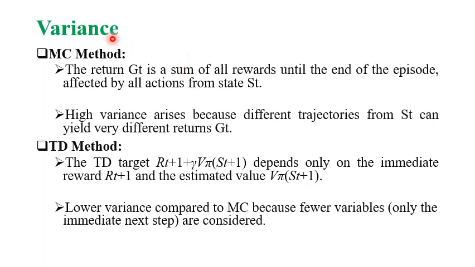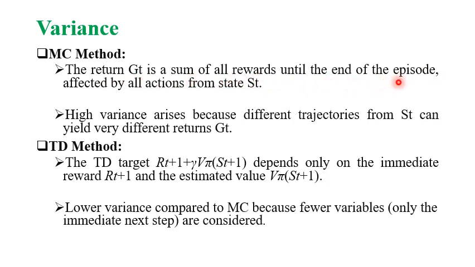Variance. Let me share with you what variance is. Variance means that for different inputs to a function, we receive different outputs. In Monte Carlo method, as I told you, the return is the sum of all rewards until the end of the episode.